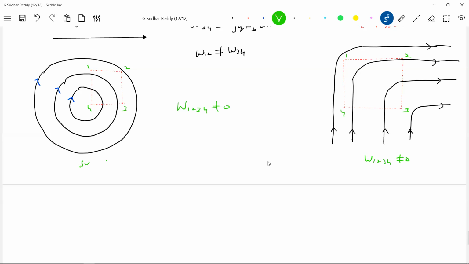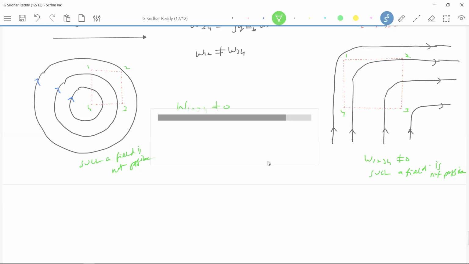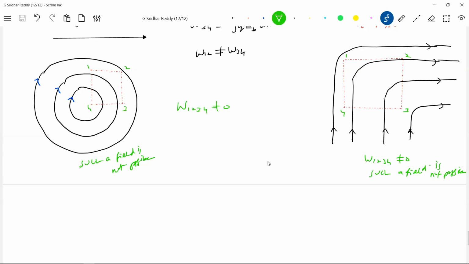Such a field is not possible. These are very popular questions that they'll ask you. So you should use the alternative method available for us. Let me give one more few.